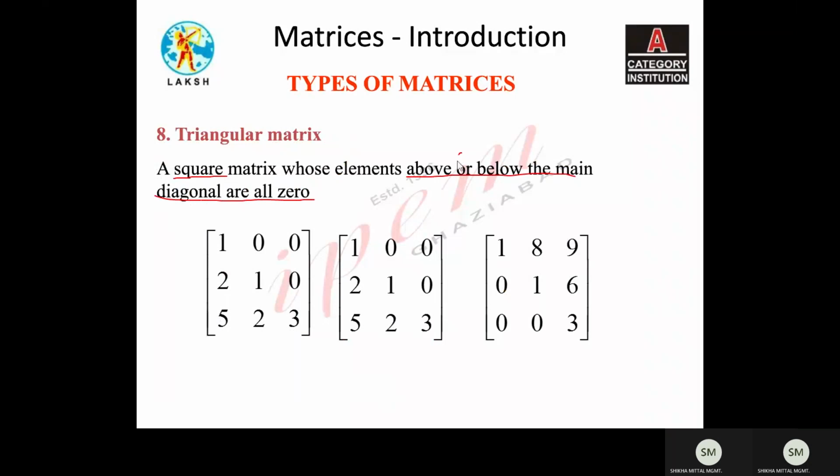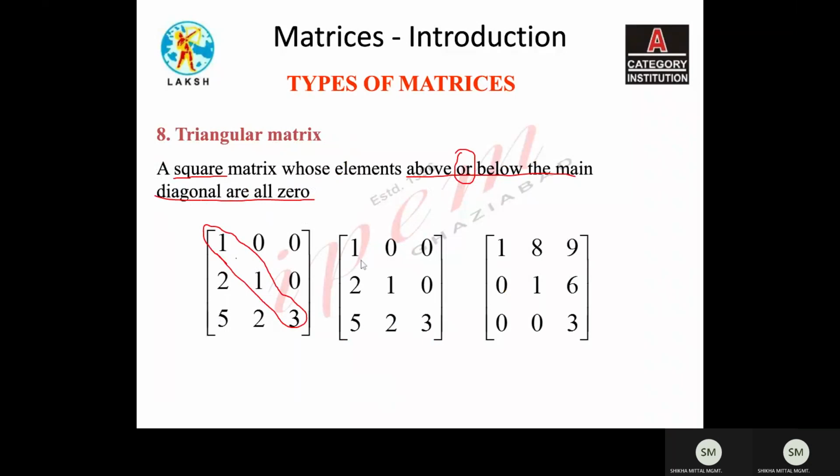Here we can observe this is above or below, not both. This is our main diagonal, 1, 1, 3, and the elements above the main diagonal are 0. So this type of matrix is known as the triangular matrix.